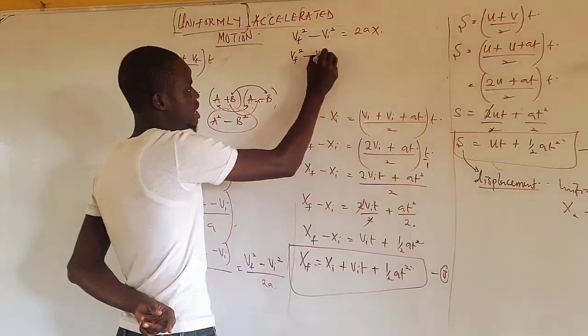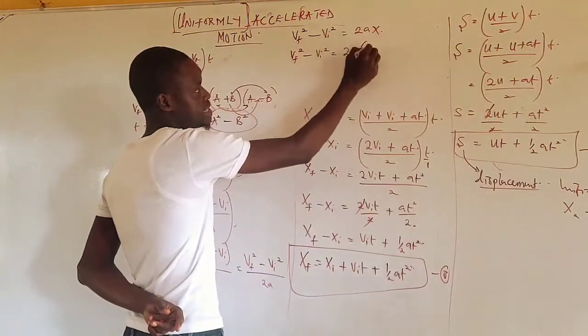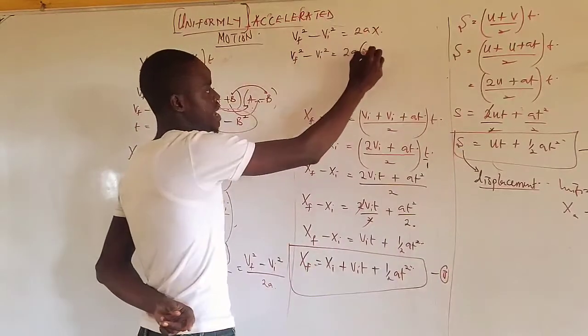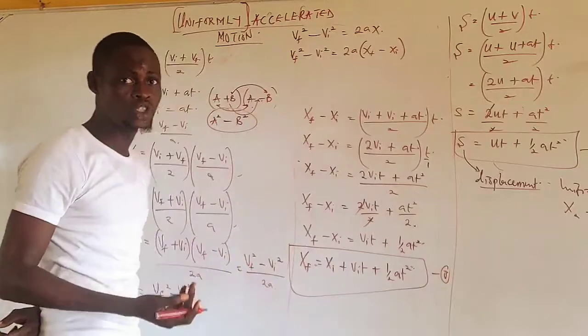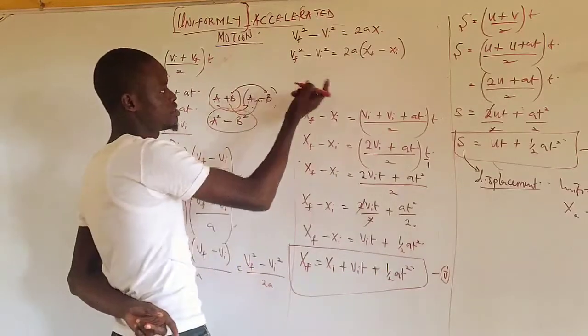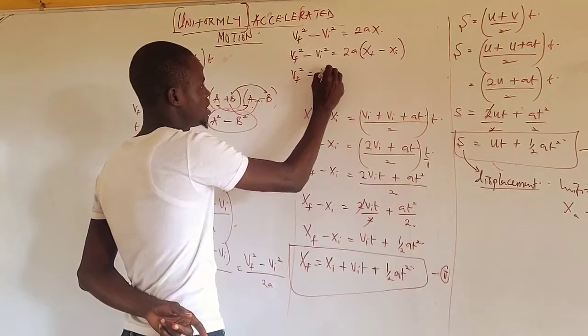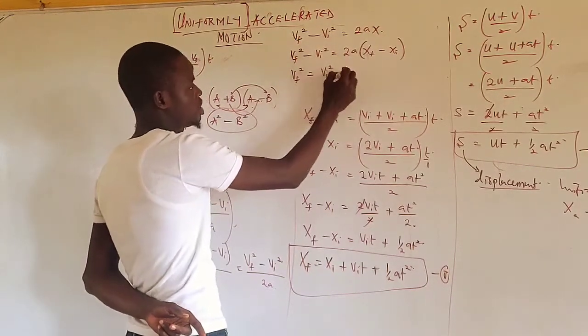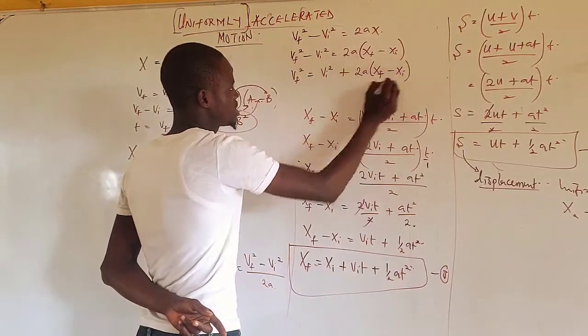This x here, I said my x is s final minus s initial, that is the final position minus the initial position. So you can write it like this, and then my final velocity squared will be equal to my initial velocity squared plus 2a times sf minus si.